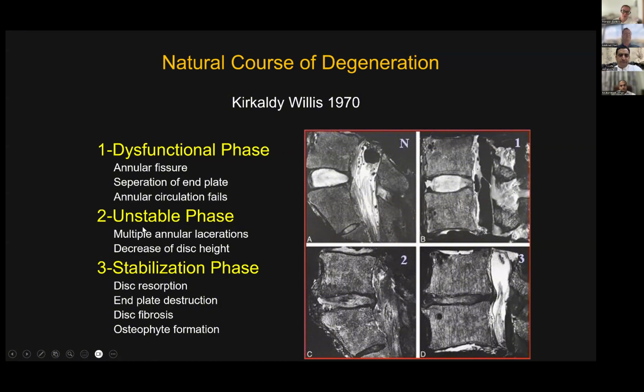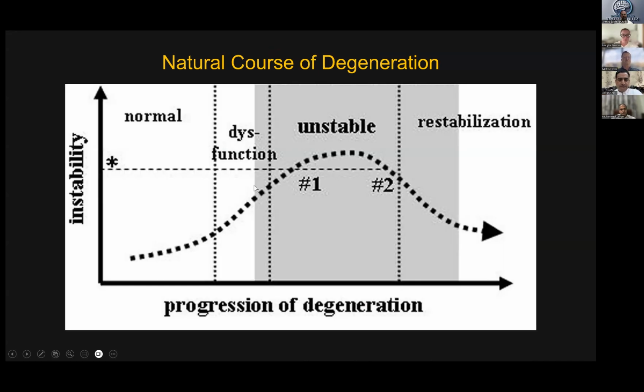And there are mainly 3 phases of it. One is the dysfunctional phase, then the unstable phase, and the stabilization phase. This progression of degeneration starts with the dysfunctional phase. In this phase, we don't need to make surgical decisions.